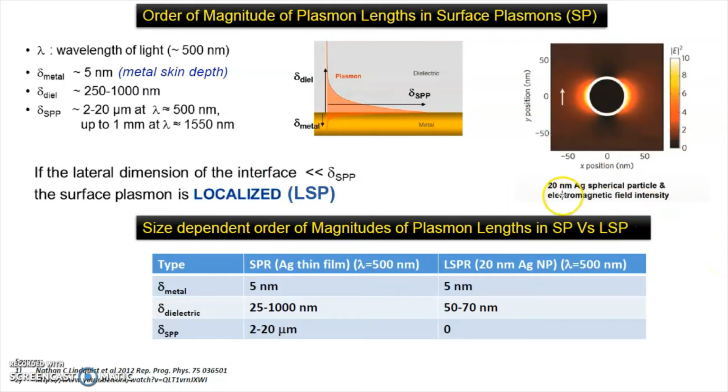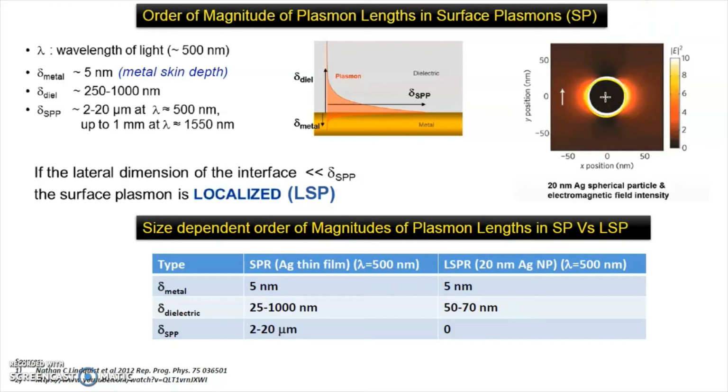For example, if we take a 20 nanometer silver spherical particle, then how its electromagnetic field will be distributed is shown in this figure. This is the electromagnetic field intensity generated in the 20 nanometer silver spherical particle after incident light on it.